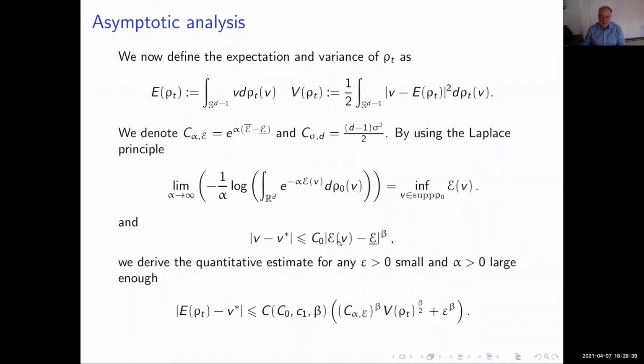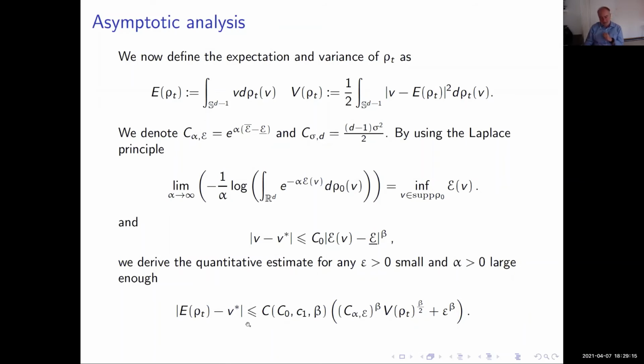And so for alpha large enough, up to a certain error epsilon that depends on how large alpha is, we can obtain here the variance that would allow you to exchange the expected value of rho within this expression, and what you gain is the variance at this point.